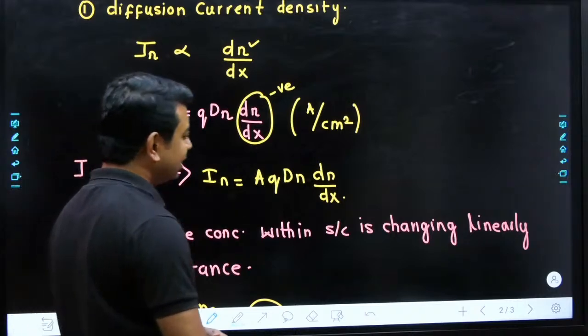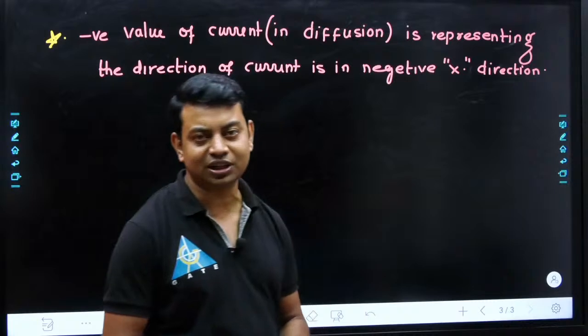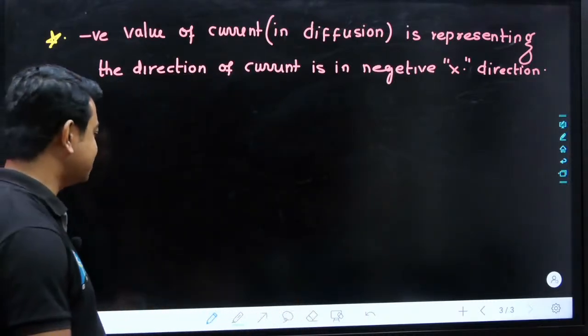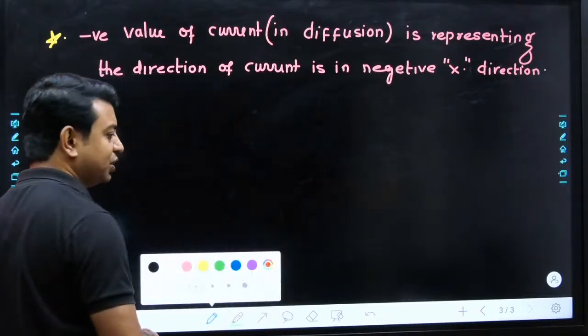Now, what is Dn? Dn is nothing but how easily the charge carriers move within a semiconductor whenever we have a concentration difference. This is known as the diffusion coefficient, diffusivity, or diffusion constant.